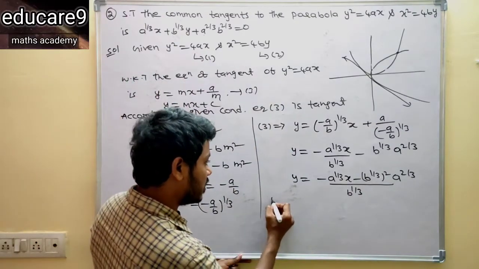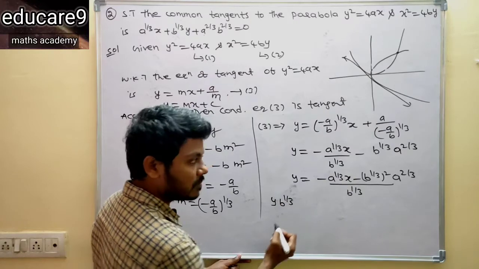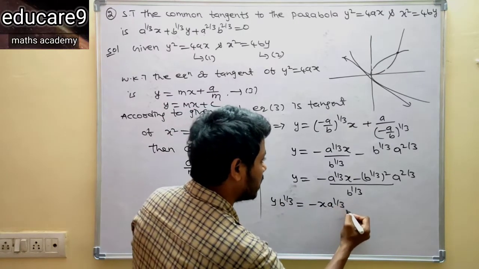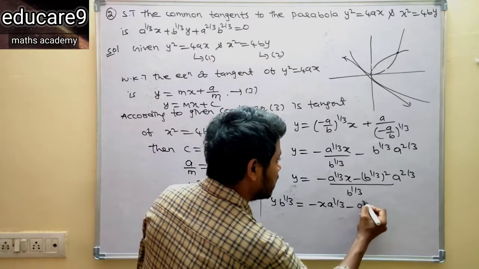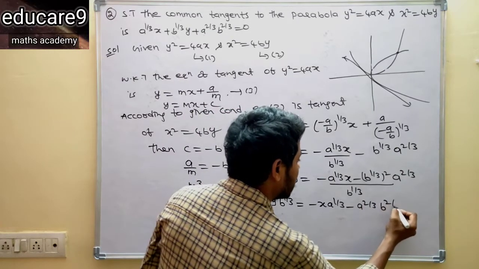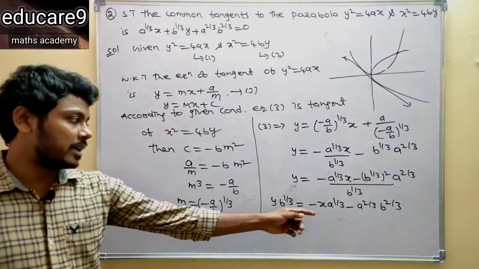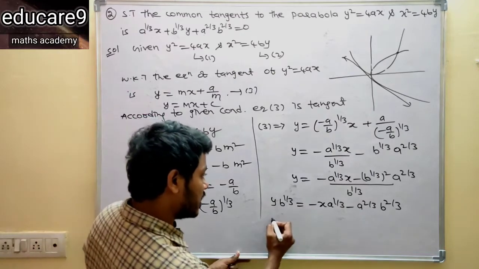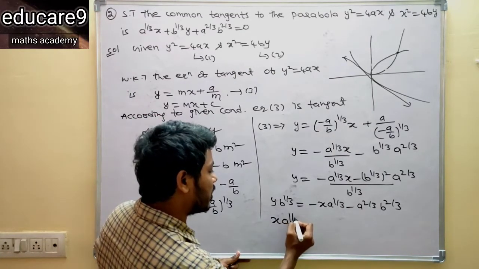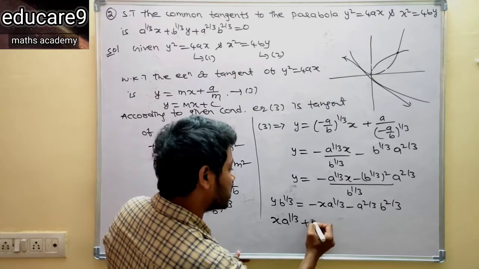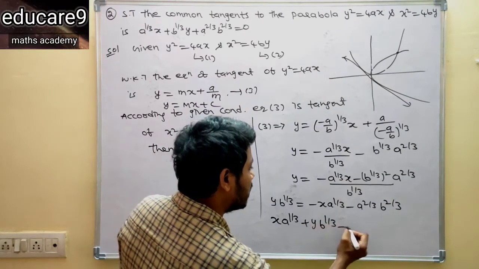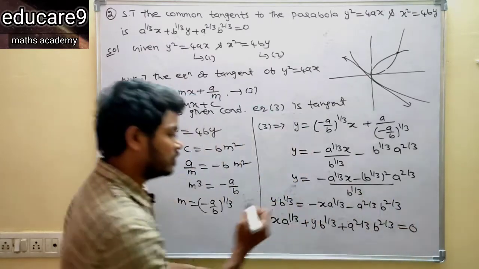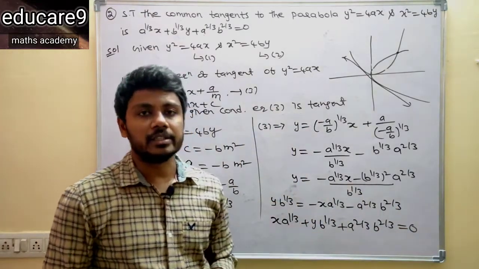So what you get? y into b power 1 by 3 is equal to minus x into a power 1 by 3, next minus a power 2 by 3 b power 2 by 3. So send it left side, then it becomes x a power 1 by 3 plus y b power 1 by 3 plus a power 2 by 3 b power 2 by 3 is equal to 0. So this is the required condition.